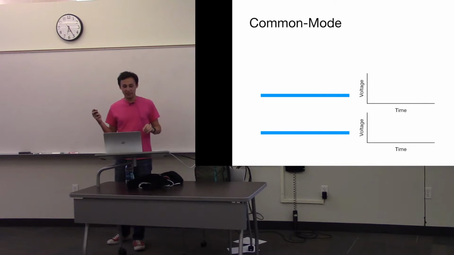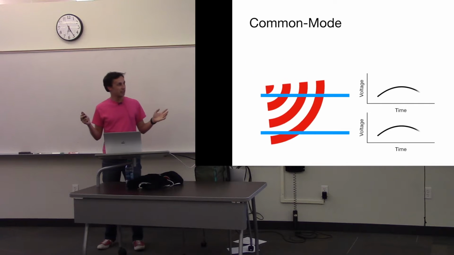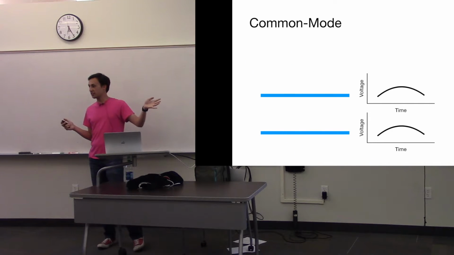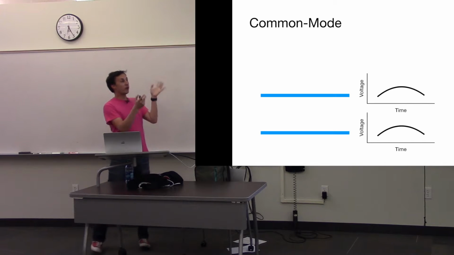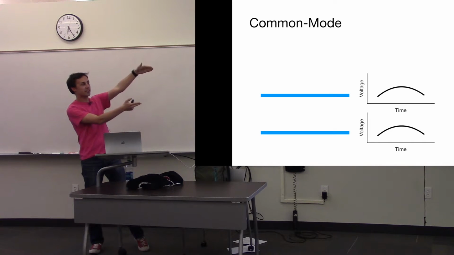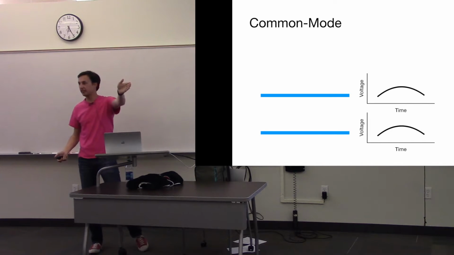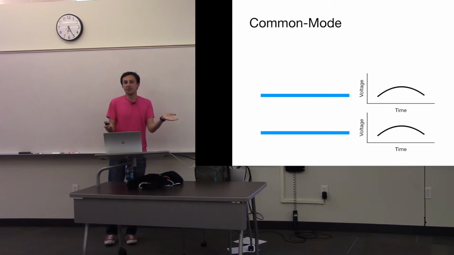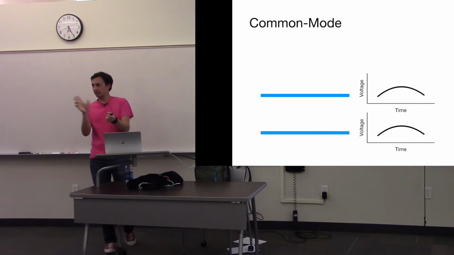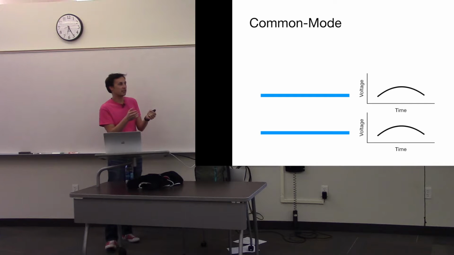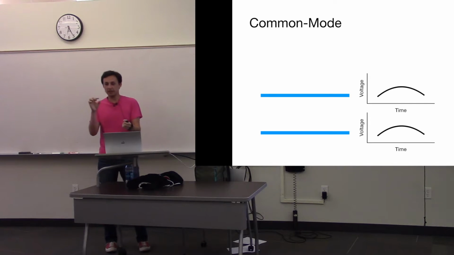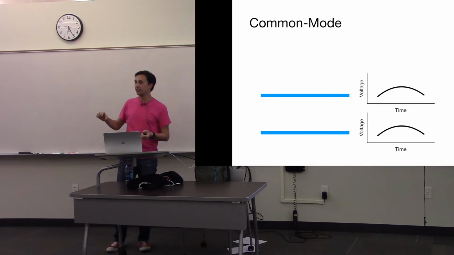But so we have an incoming wave, and it causes the voltage to go up on both wires at the same time. And the whole point being, if you take the difference in voltage between the 2 wires at any point along there, it's negligible. You might have some different time. You might have one wire have a slightly more voltage on it, but the common mode gain is small.